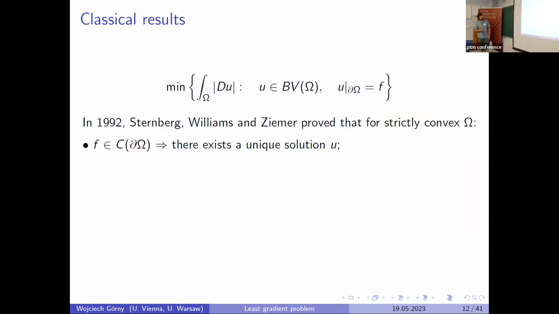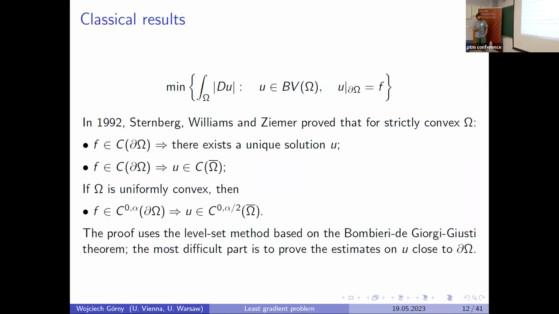And the classical result, due to Sternberg and Zimmer that Piotr mentioned, is that for a strictly convex domain, for continuous boundary data, there exists a unique solution. It is continuous up to the boundary, and there are some regularity results. For instance, if omega is uniformly convex, then we recover half of the Hölder regularity of the boundary data.